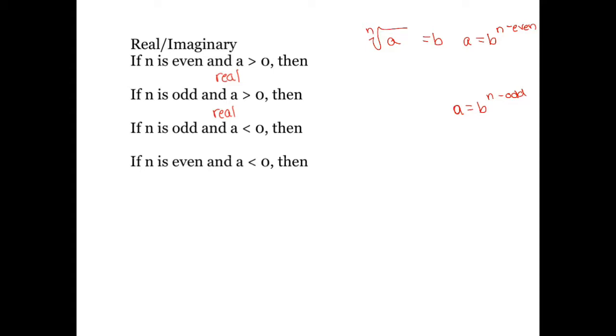Both positive and negative numbers are real numbers. So that also covers this case. If n is odd and a is less than 0, that works because we know that a can be negative.